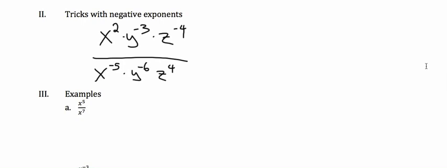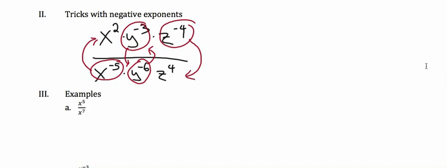But let's say you're really not a big fan of negative numbers. You could turn this into an expression with all positives. Here's how you would do that. You would take each of your negative exponents, move it from numerator to denominator or denominator to numerator, and write it as a positive exponent.